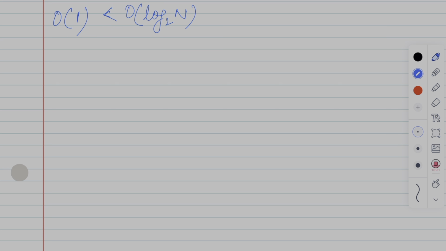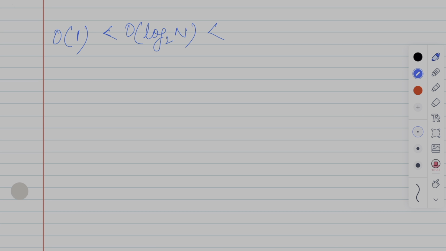Then comes big O of root n. Then comes big O of n.